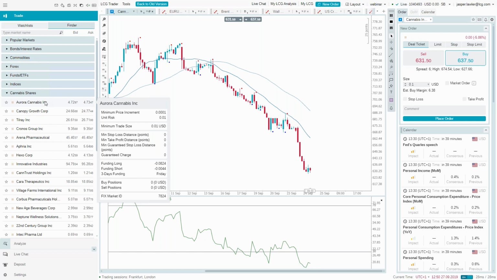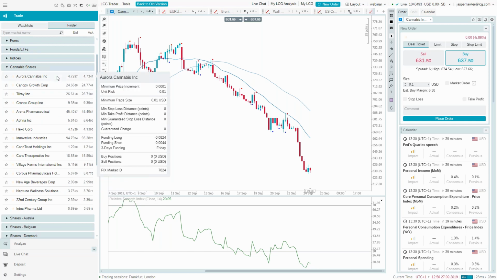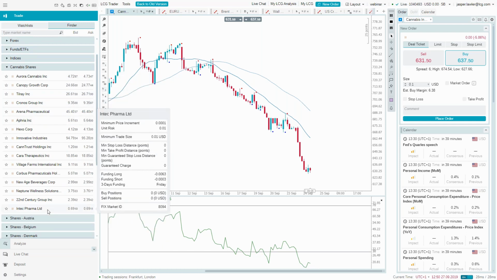I believe it is, but certainly is in a live account. And at the moment, we've got 16 of the top cannabis shares. There's a fair amount of overlap between these shares and what's in the index, but not completely. But again, the idea here is that they are some of the biggest company shares out there.